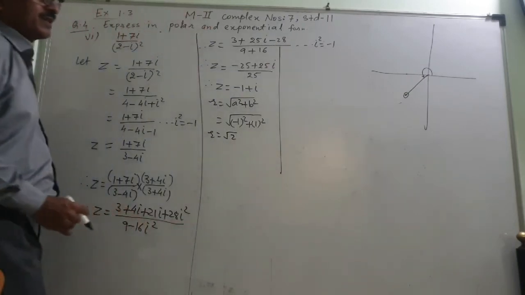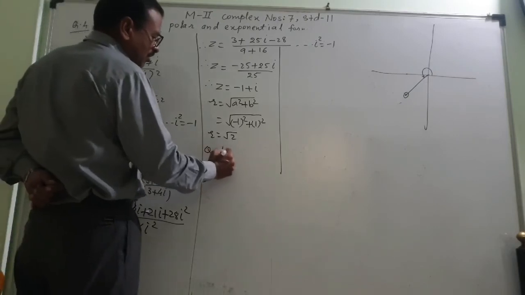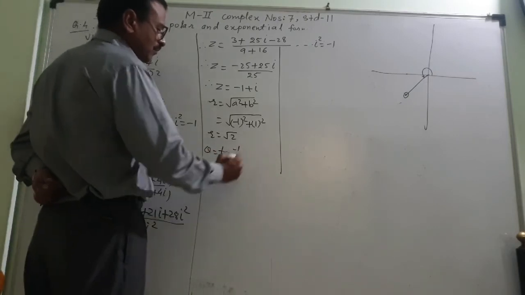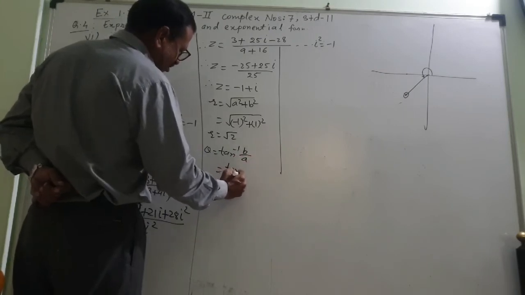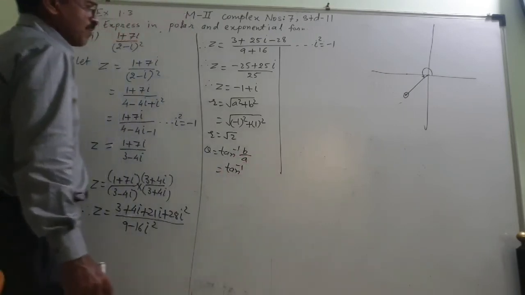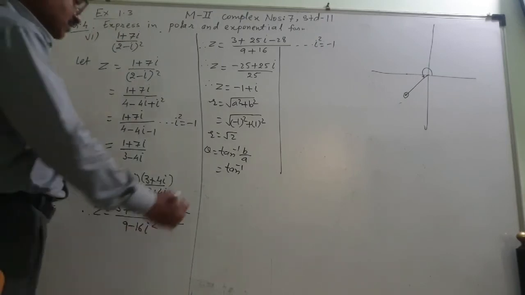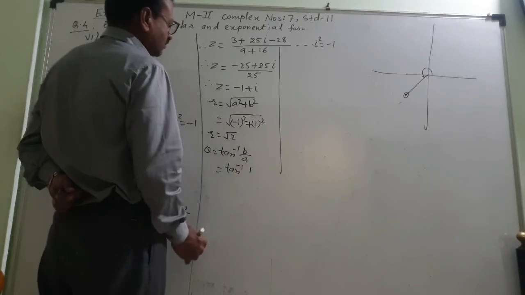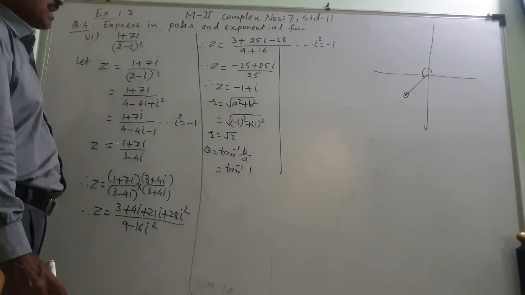Now I want to find theta. Theta is equal to tan inverse of b upon a. So that is equal to tan inverse of, b is how much? B is 1. Minus 1 plus i.